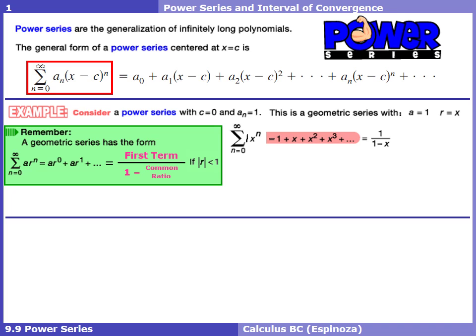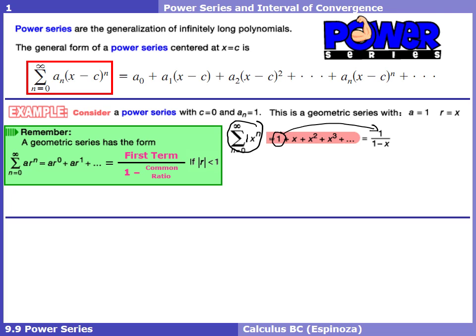So what would this be equal to in this power series case? Well, our first term is 1, as you can see right here. That's why we have a 1 in the top of this fraction, and then we're supposed to divide by 1 minus the common ratio. r in this case is x, so we're going to divide by 1 minus x. And that's what this power series is equal to.